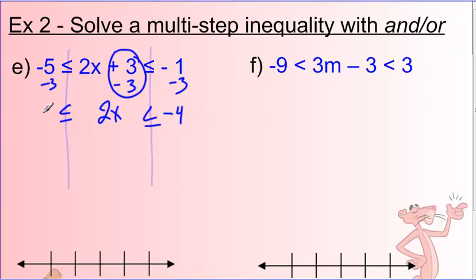This side, we get a negative 8. And then divide by 2. These cancel. And we get a negative 2 here and a negative 4 there.